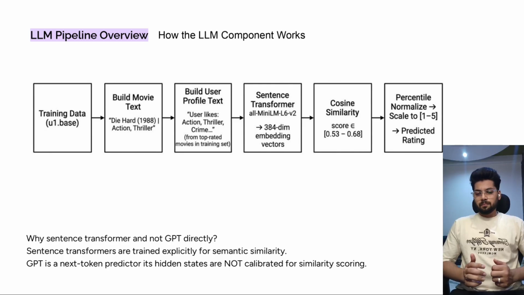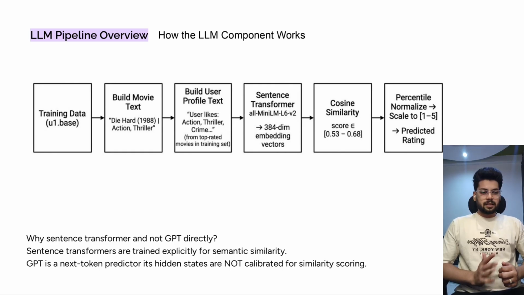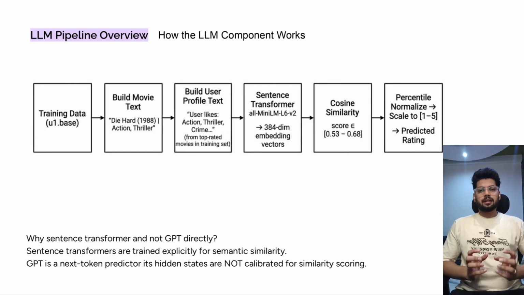Both of these texts are passed to the sentence transformer, specifically all-MiniLM-L6-v2, which gives a 384-dimensional embedding vector. Then we compute the cosine similarity between the user vector and the movie vector.